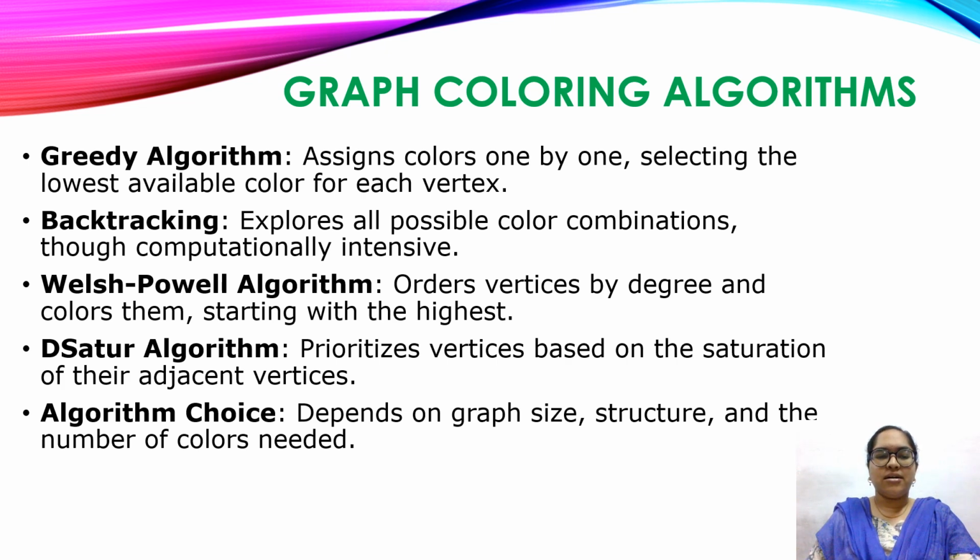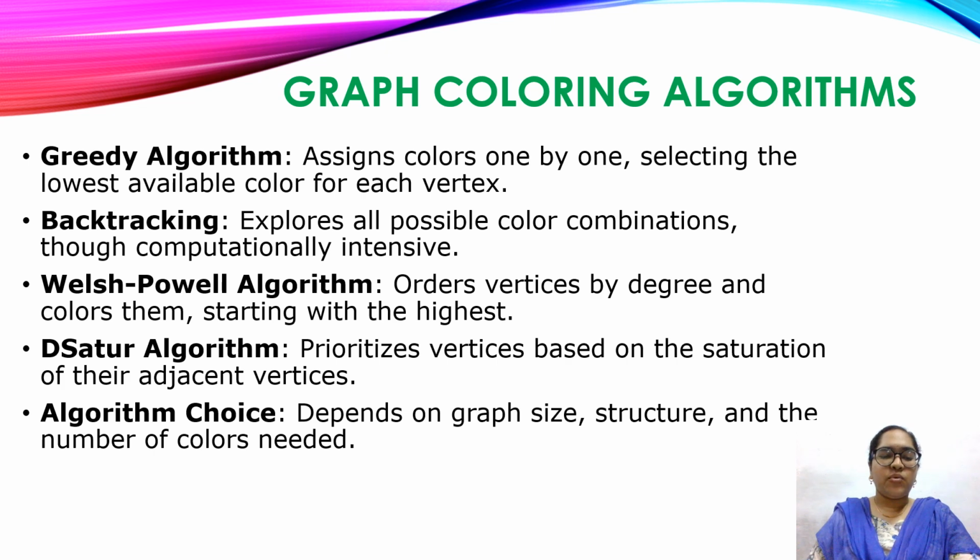Let us discuss briefly about these algorithms. First, the greedy algorithm basically assigns colors one by one, selecting the lowest available color for each vertex. And the backtracking explores all possible color combinations and then colors the vertices.